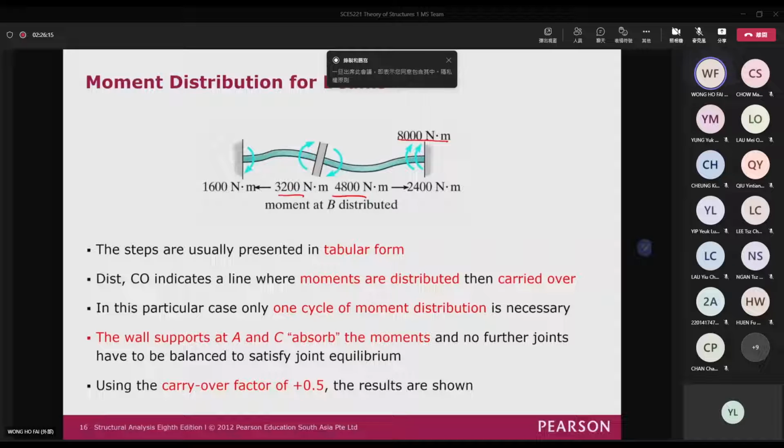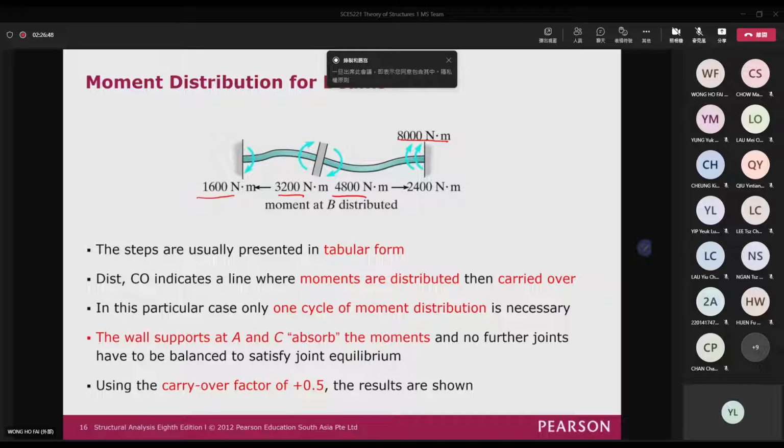Once I apply the 8,000 right there, 3,200 will be applied to the left-hand side, and 4,800 will be applied to the right-hand side. And then for that one, you will distribute 2,400 to the right-hand side, and you will produce 1,600 to the left-hand side.